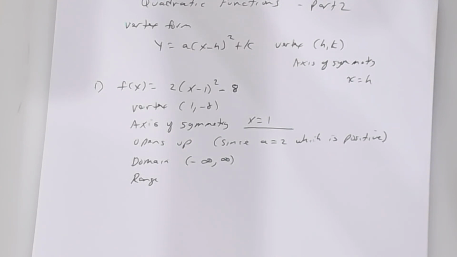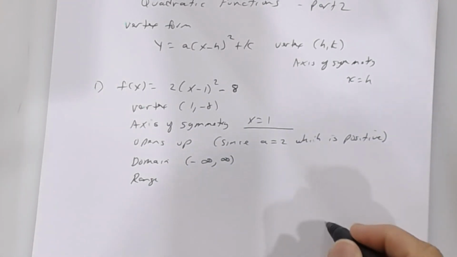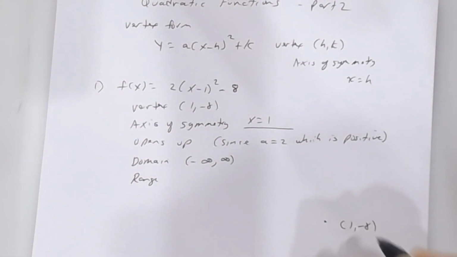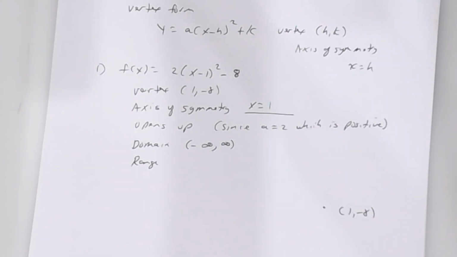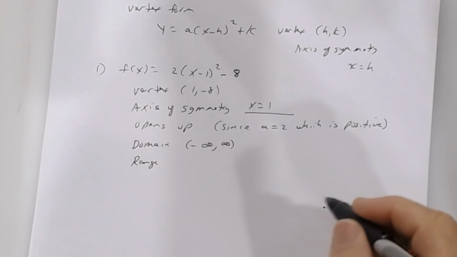So you know that the vertex is what point? 1, negative 8, right? So in your mind you have the point 1, negative 8, correct? Just put something like that. And you know that the parabola opens up.